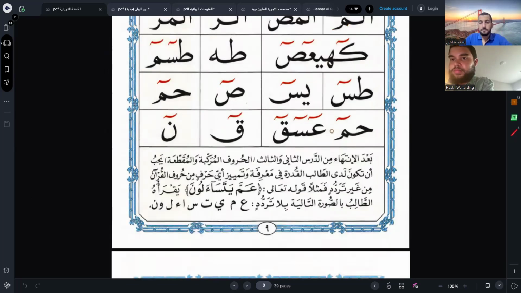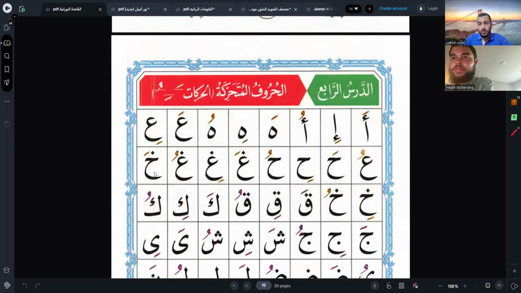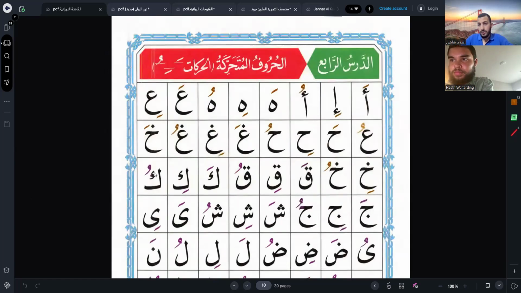Okay. So now we're moving to the vowels. The vowels we have are three: fatha, kasra, and dhamma. Fatha is a small dash that comes on top of the letter. It adds a sound to the letter. The kasra is a dash beneath the letter that gives an e sound.